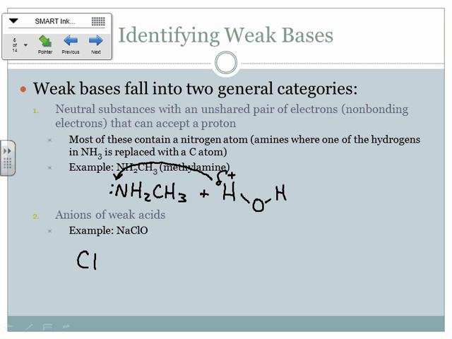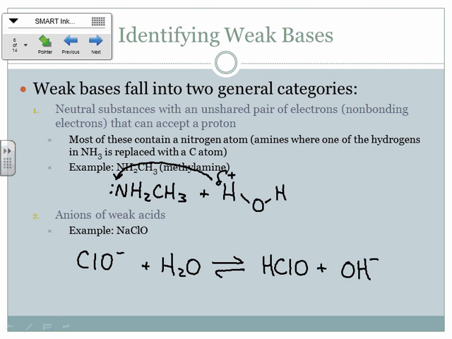So ClO minus, when we add that to H2O, because this molecule overall has a negative charge, again, it's going to pull a positive hydrogen away from the water, okay? And then we're going to end up with HClO plus OH minus.